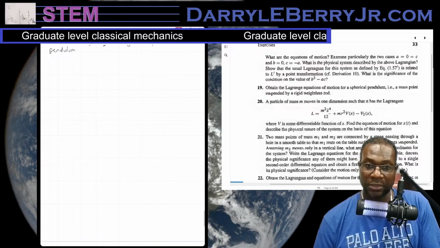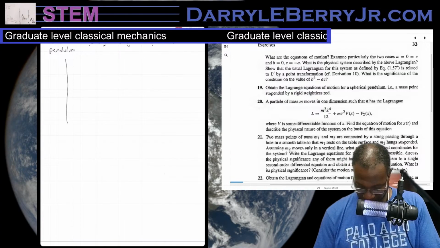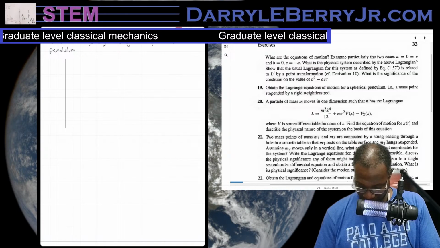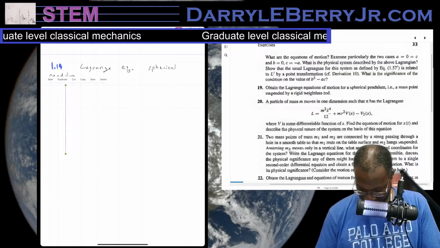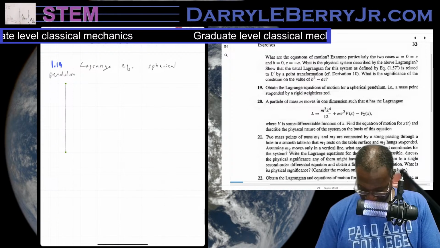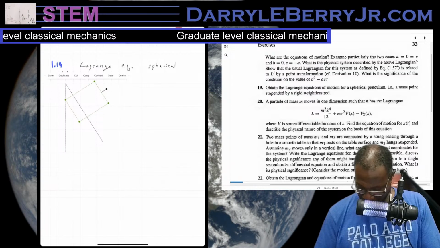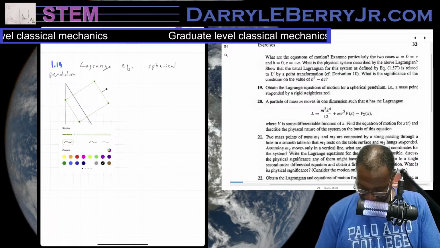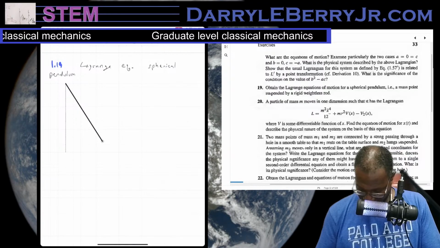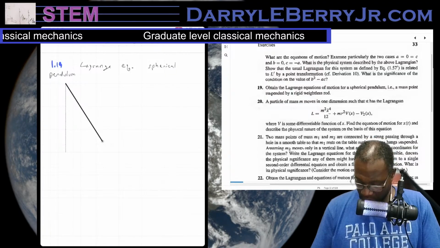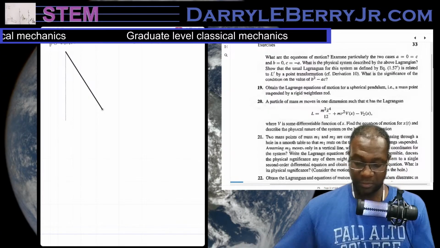So looking at the drawing, we have the z-axis and the pendulum here, the bob at the end.